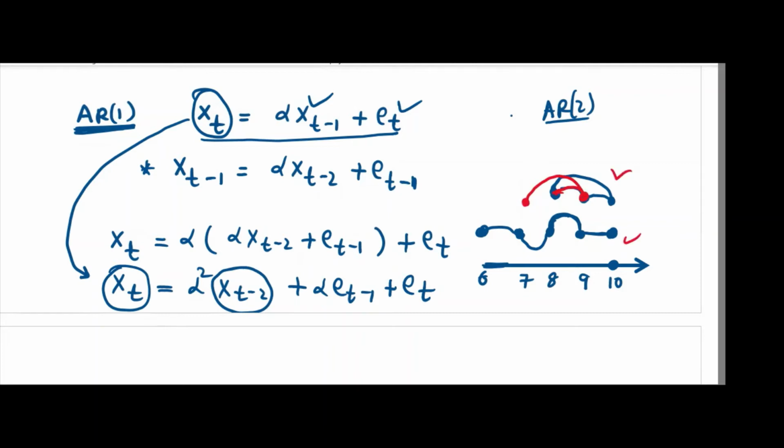Okay, but through this one, like if you see this equation, now even if we have considered AR1, it has link with xt minus 2 as well, alpha square. Though in AR1 process also there is a link.